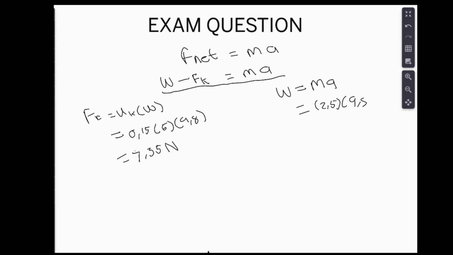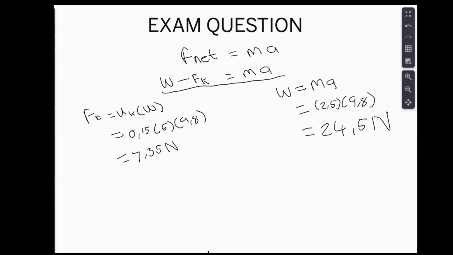So 2.5 multiplied by 9.8, we know that it's 24.5 newtons, right?